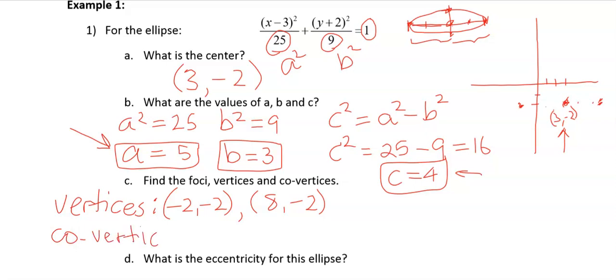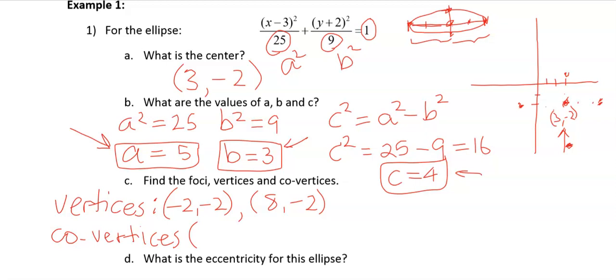Now remember, in this case, because my ellipse is elongated horizontally, I have to go up and down from my center B units. And B, according to our calculation, is 3. So from 3, -2, I have to go 3 up, and I'll end up approximately there. And I have to go 3 down, and I'll end up approximately there. What you're really doing is adding and subtracting 3 to and from the y-coordinate, you see?